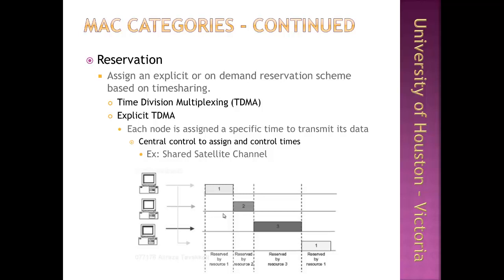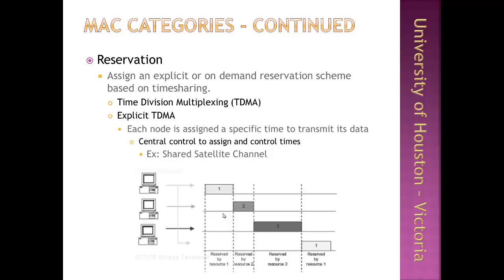Time slots can also be reserved on an on-demand basis for extended or indefinite time periods. A node that has been allocated a particular time slot is allowed to transmit its data during that allotted time only, and not any other time slot.